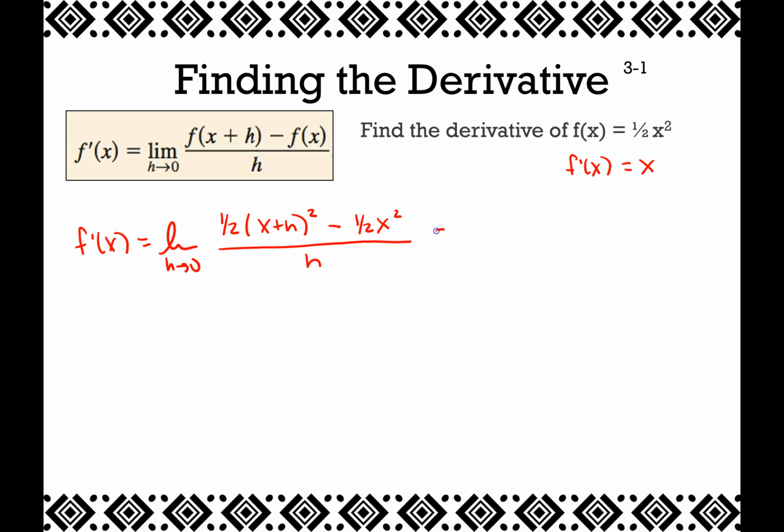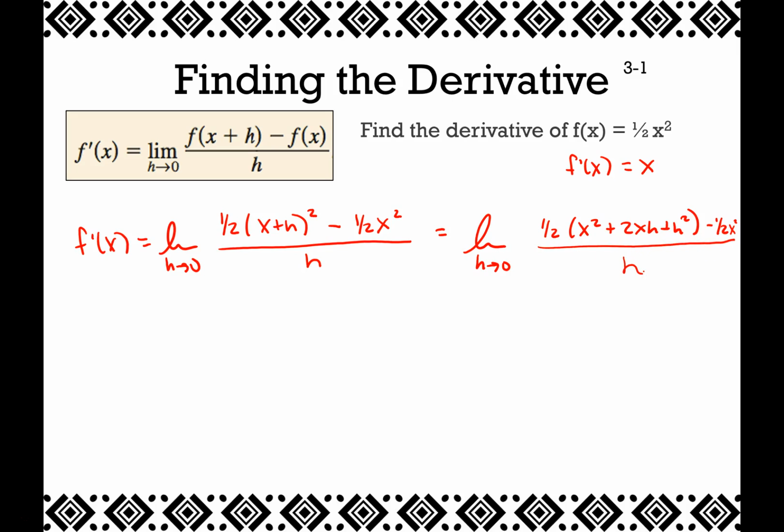So now I'm going to do this FOIL in my head. So that's going to be 1/2 times x squared plus 2xh plus h squared, minus 1/2 x squared, all over h. I ran out of room, you guys.